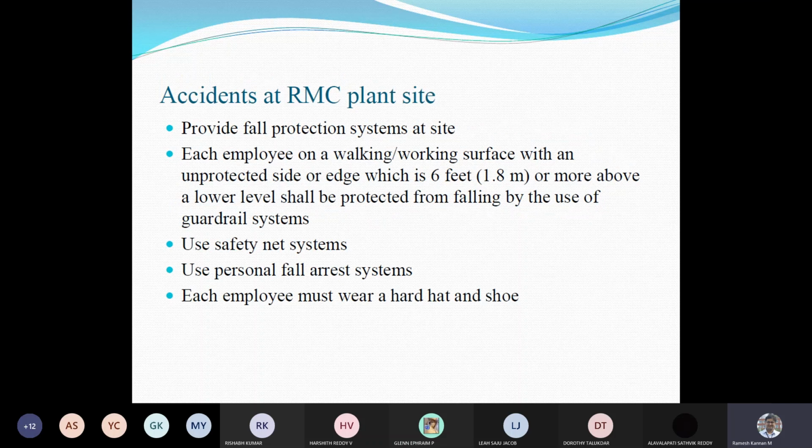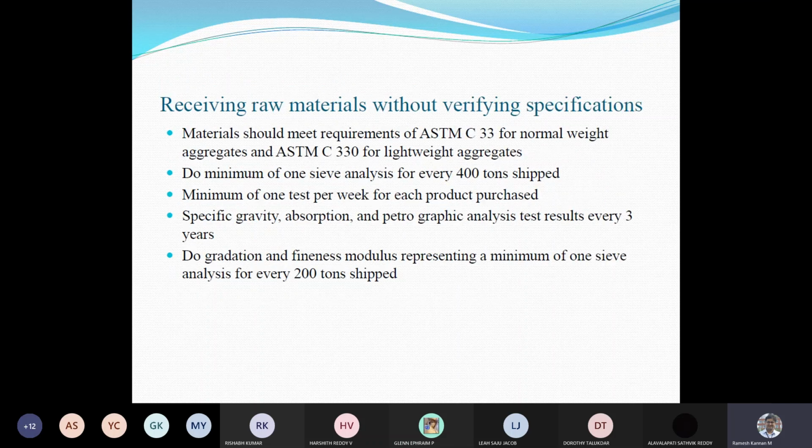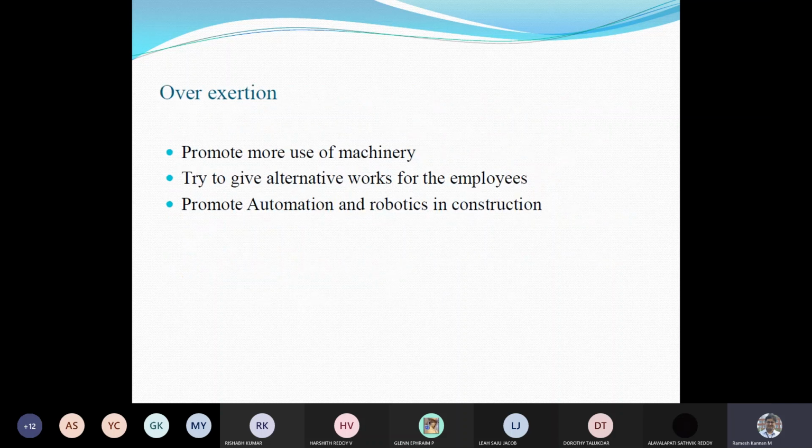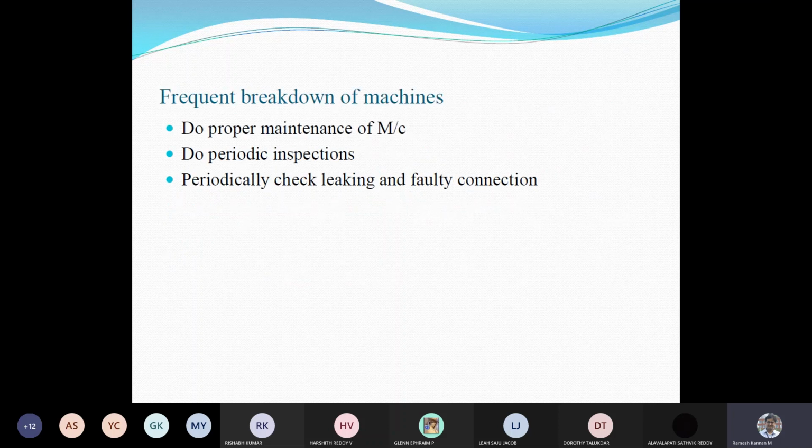All right. So we talk about accidents and RMC plans. It was receiving raw materials without verifying specifications, and over-exhaustion is overuse of machineries, and the mitigation is promoting automation and robotics in construction. For frequency of breakdown of machines, proper periodic maintenance should be done.